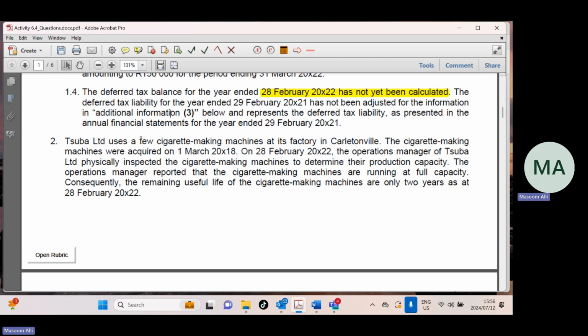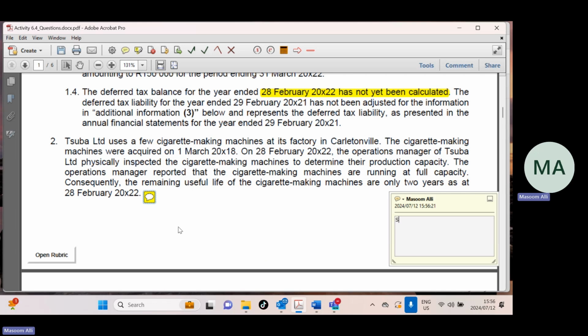Okay, so now what we need to start looking at is that, if this is only 2 years as at 28 February 2022, has there been a change in estimates as well? That's something that we need to be thinking about, because it's suggesting that the remaining useful life has been changed, right?